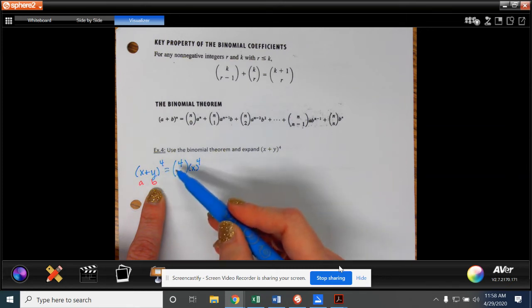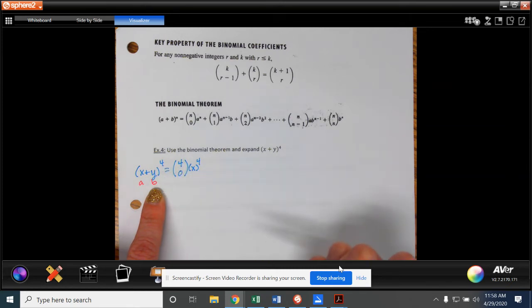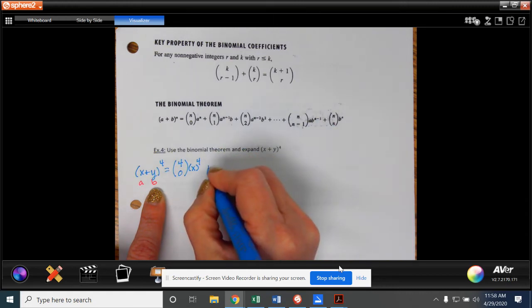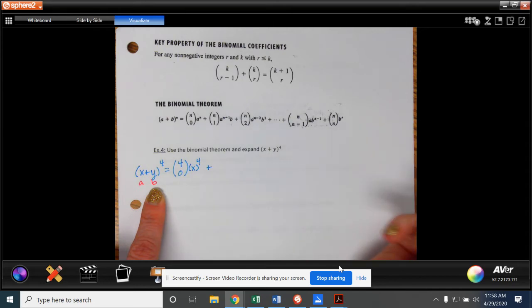Well, anything to the 0 is 1. I don't have to put that there. You can if you want, it's optional, but I'm going to say no, and I'm going to move on.